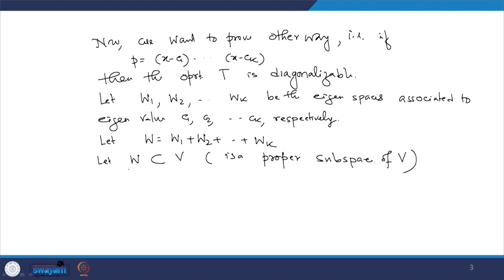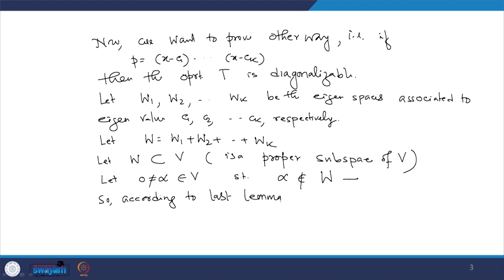Okay. So, let 0 not equal to alpha belongs to V such that alpha does not belong to W. So, according to the last lemma, what is that?